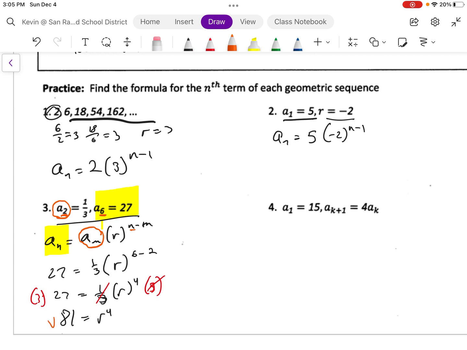Take the 4th root of both sides, and now we have r equals 3. Now, let's go back here. When we did 6 minus 2, we got 4. 4 is even, so we actually have r equals plus or minus 3.